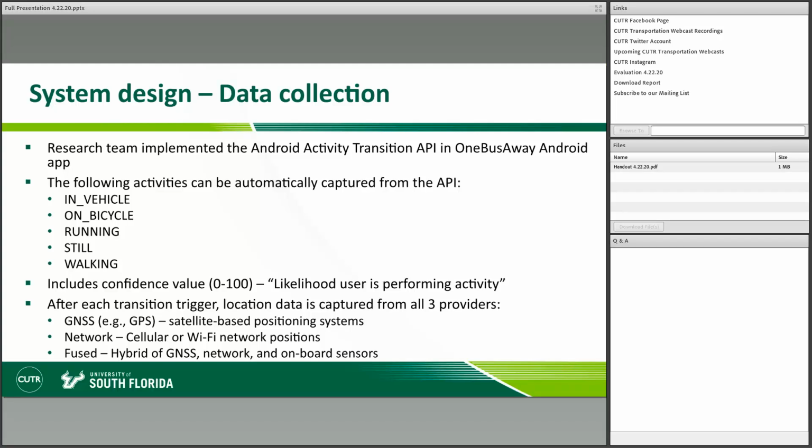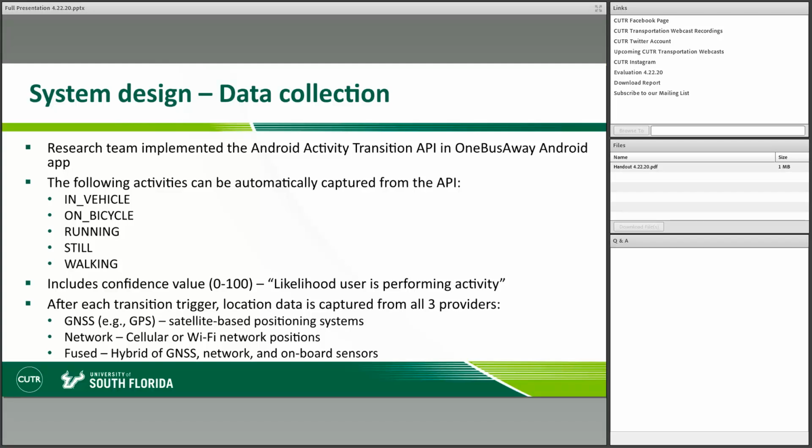So we would get an update, and our app would start running when a user transitioned between any of these different activities, including from still to running or still to in-vehicle. As you notice, in-vehicle is not split out into what type of vehicle you are in. Is it a personal vehicle or public transportation? That's something that I'll talk about a little later.